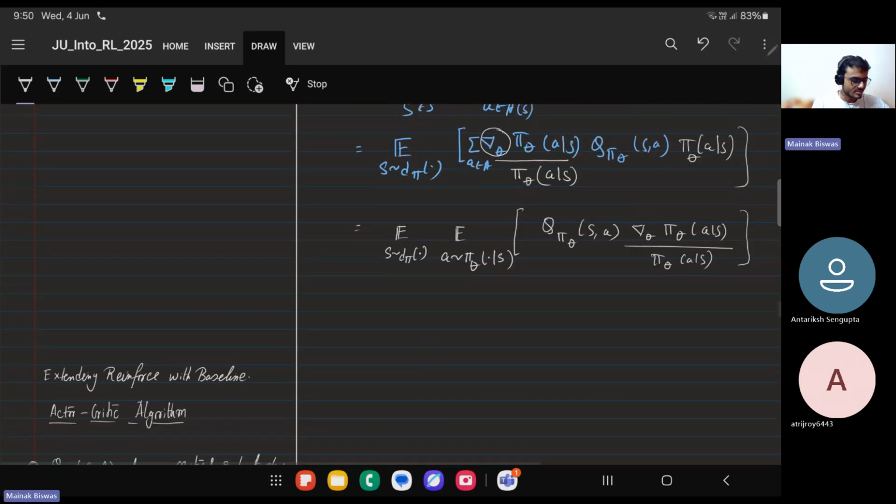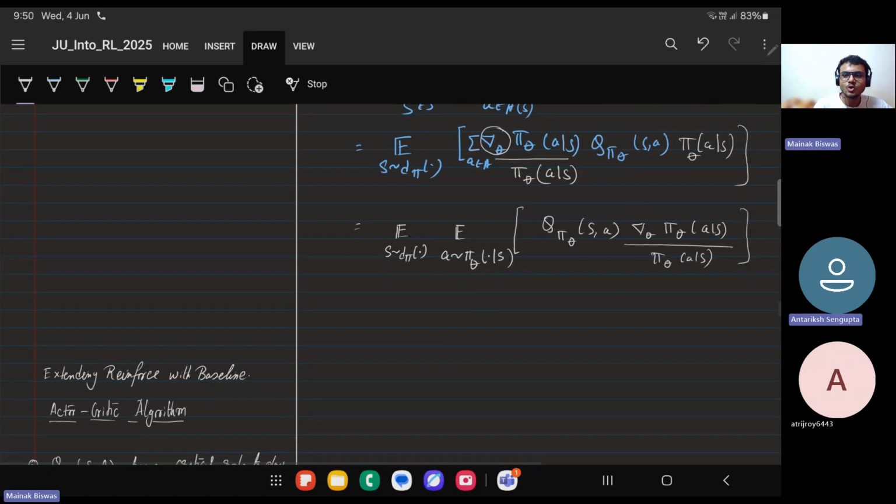See, I got this. Now I can do SGD. You can do SGD, but I can also do a bit more simplification here. What simplification can I do?